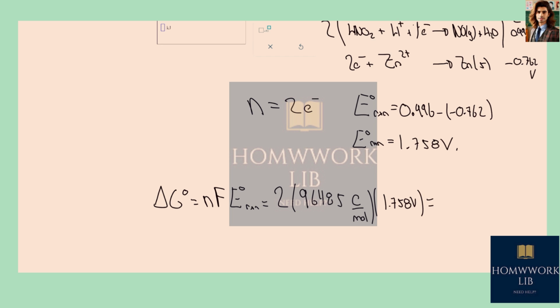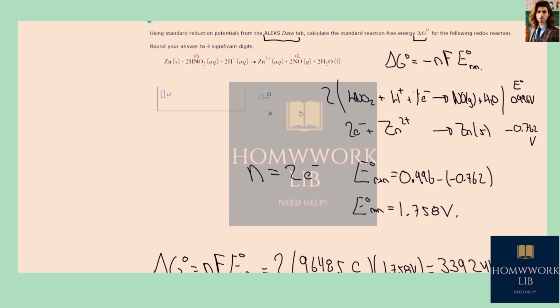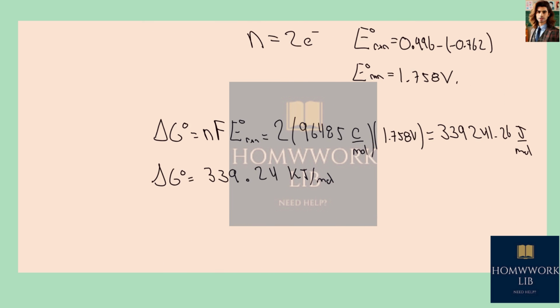The answer is going to be in joules per mole, which is going to give us 339,241.26 joules per mole, which is a delta G naught equal to 339.24 kilojoules per mole.